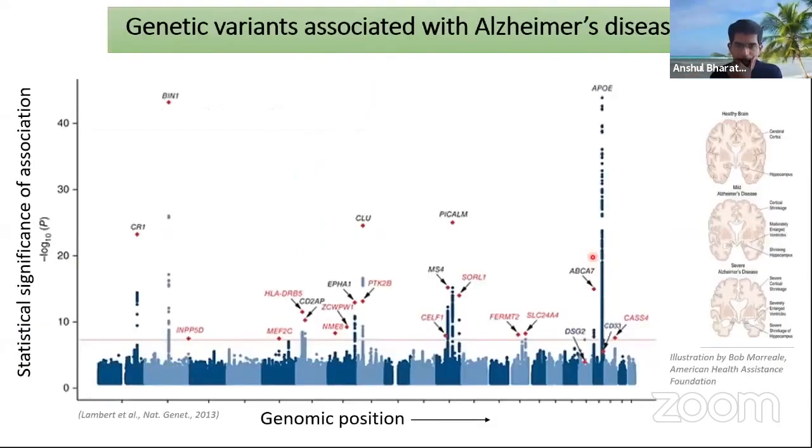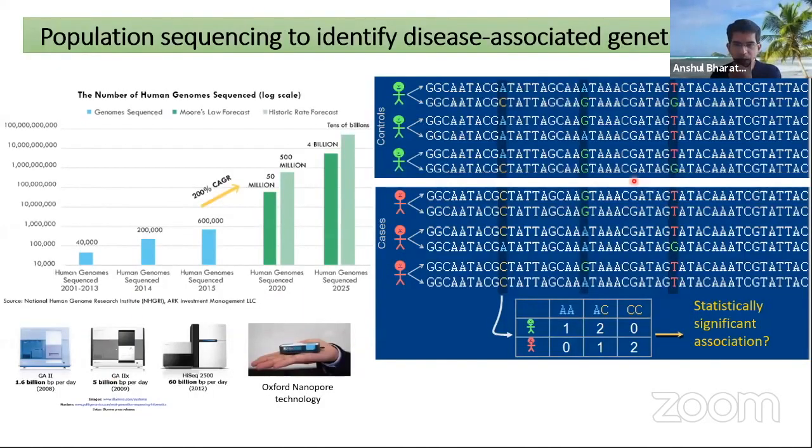Okay. And here's one example for Alzheimer's disease, which, as you know, is a neurodegenerative disorder. This is referred to as a genome-wide association study. It's basically this, but you perform this kind of test, this kind of table for every genetic variant in the genome. Okay, and so far we've found millions of genetic variants in the genome by sequencing human populations.